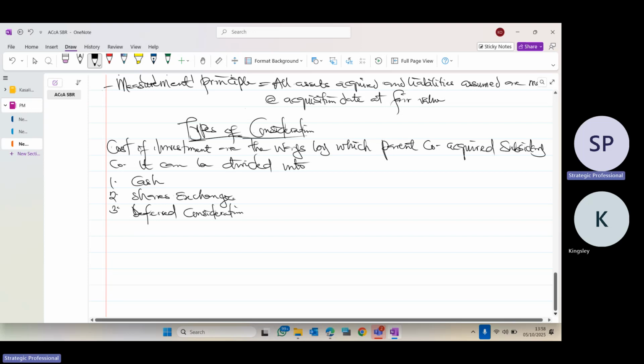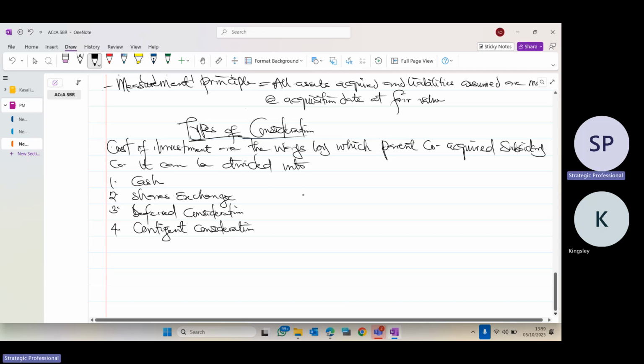When we talk of cash, let me add contingent. Contingent consideration.